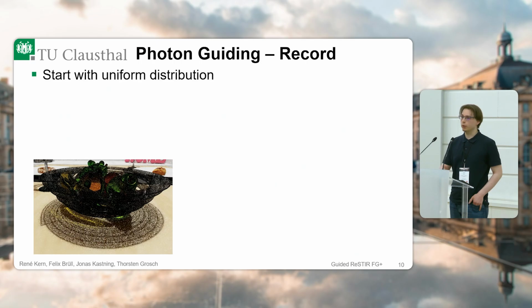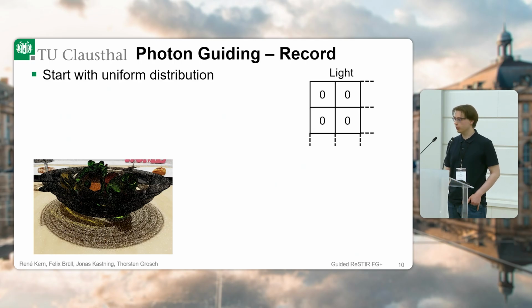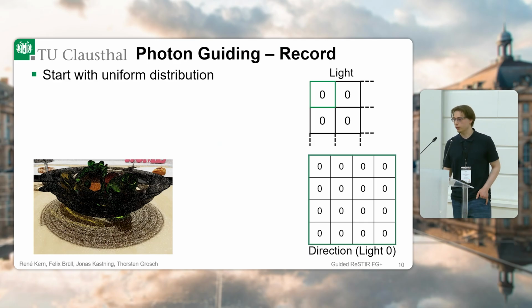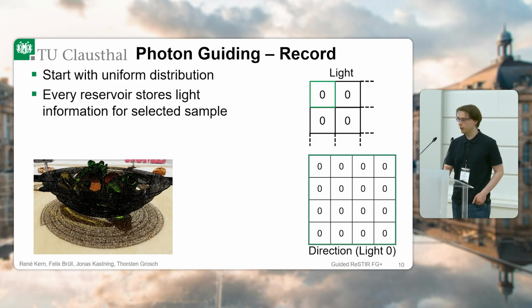To record any contribution, we use recording textures, one for all light sources, where each cell represents a light source, and each light source also has a directional texture with discretized directions, where each cell is a discretized direction. Additionally, every reservoir now needs to store light information, so the light ID and the initial direction for a selected photon sample.